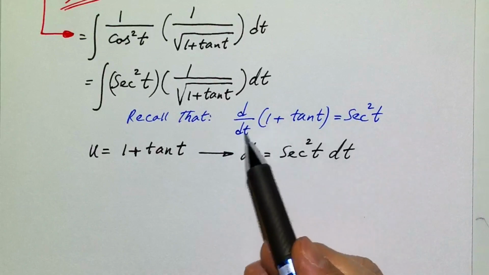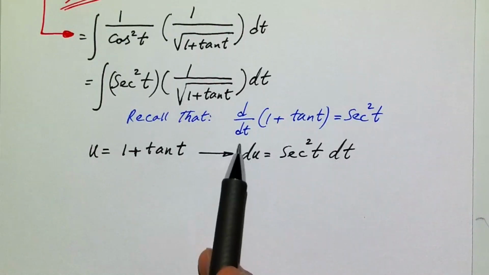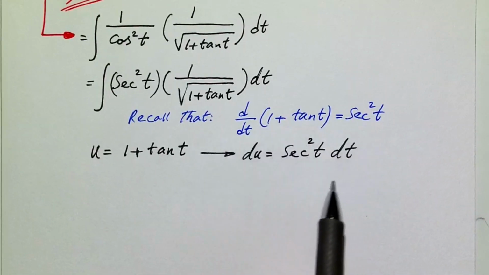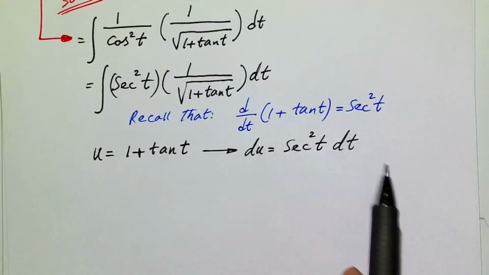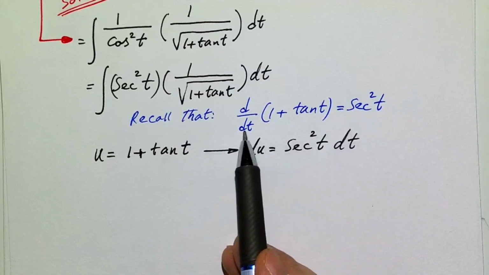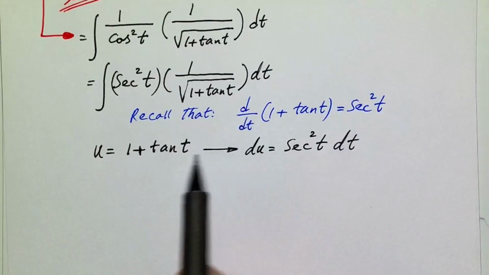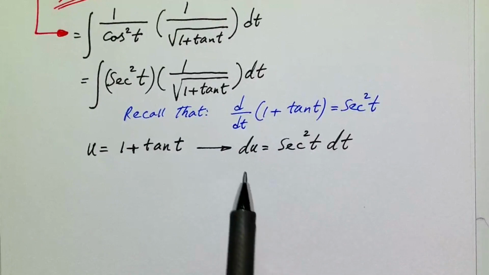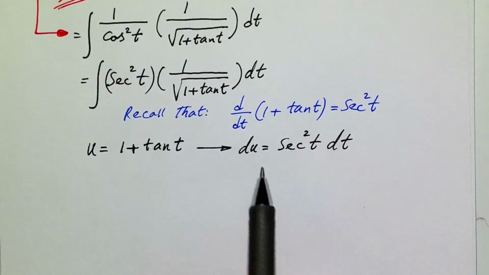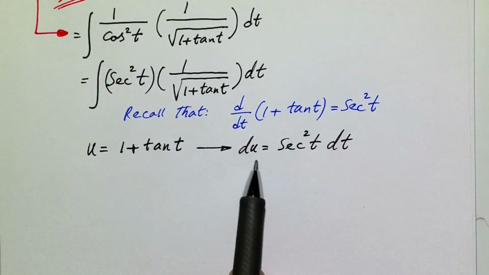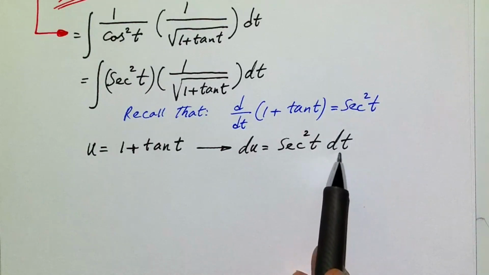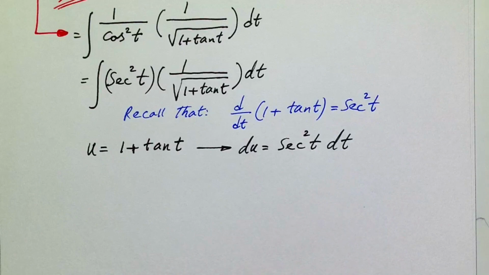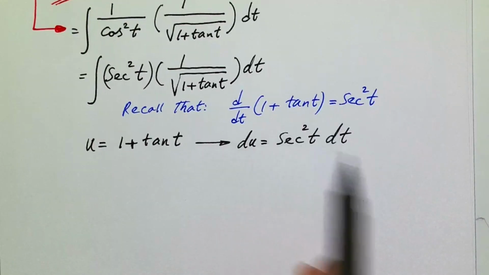It's something we have on this side, but this is the same thing as that. We multiply both sides by dt, and dt drops out on the left. We have du, and on the other side, we have secant squared t multiplied by dt. That's all we've done. Multiply both sides by dt.